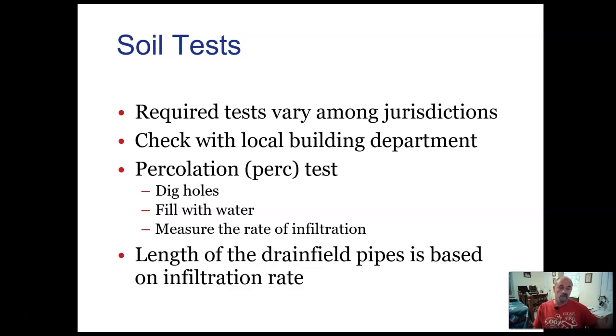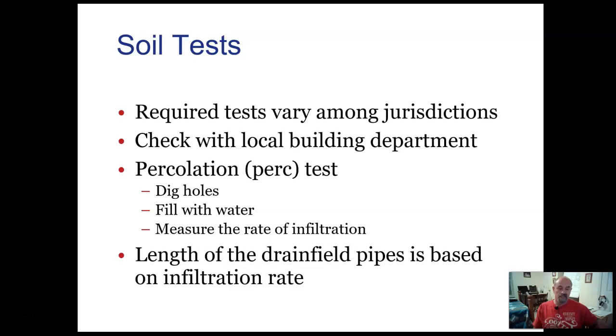One example of a required soil evaluation method is to percolate, or do a perk test. A perk test is one method to establish the rate of water infiltration into the soil. There are many different ways to perform a perk test, but the local building department may identify a specific testing method.